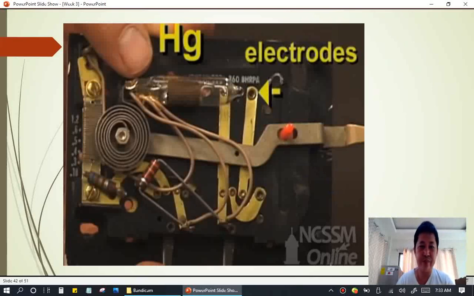So that is the application of your thermostat, which is using bimetallic devices.